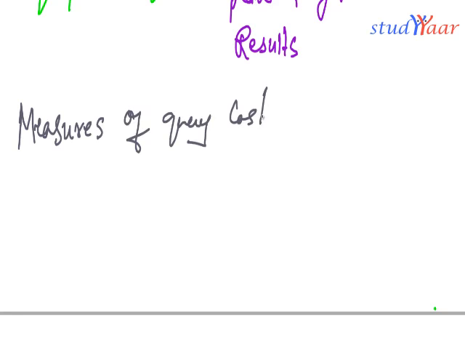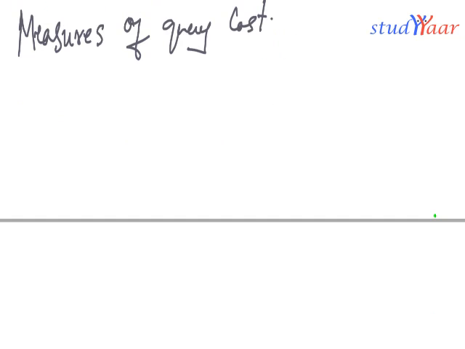Now let's look at the measures of query cost. What do I take into account while calculating the cost of the query? So I have over here the following basic measures. I want to see the disk accesses that I've made, that is included in the cost.